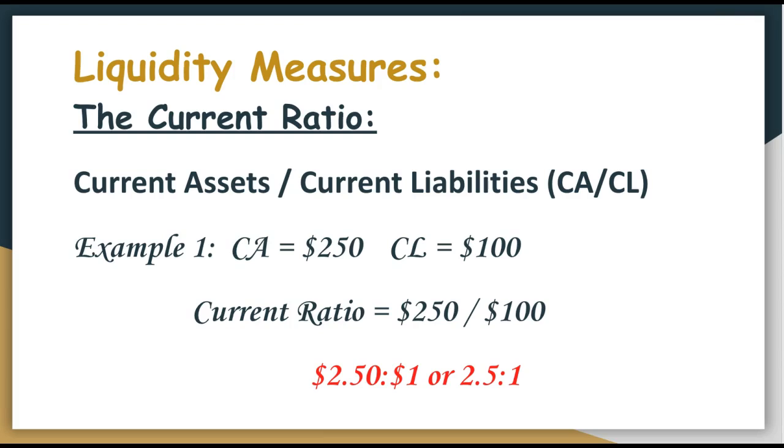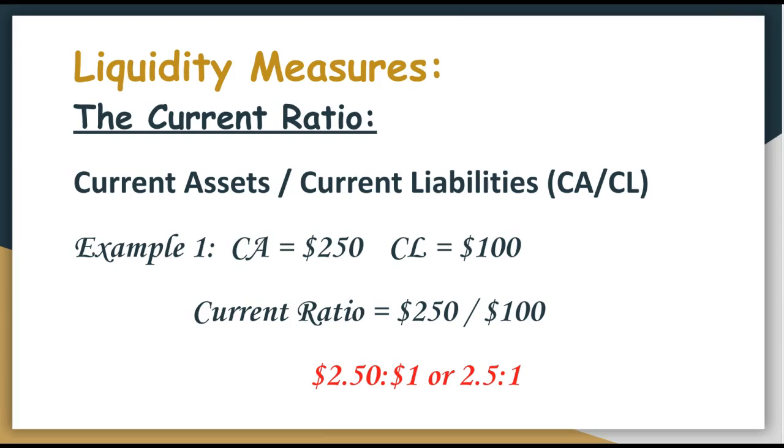So the first one is a liquidity measurement. It's called the current ratio. Some of you, or maybe all of you, are familiar with it. That's simply taking the current assets divided by the current liabilities and showing it as a decimal equivalent or a ratio. For example, it could be $250,000 worth of current assets and $100,000 worth of current liabilities.